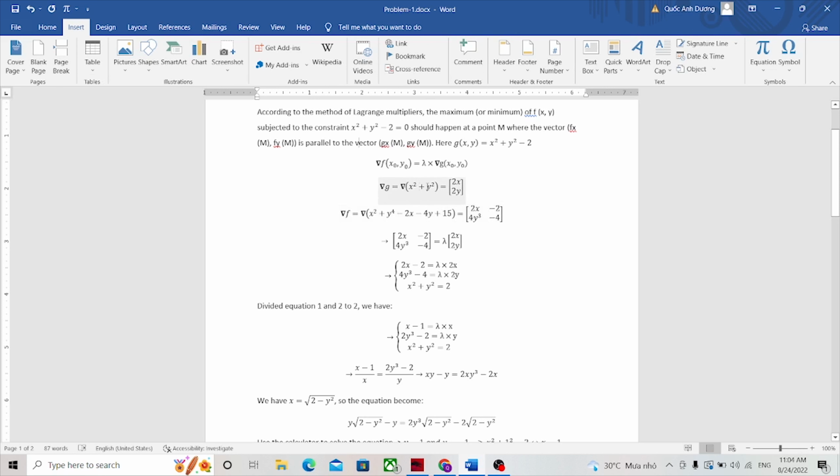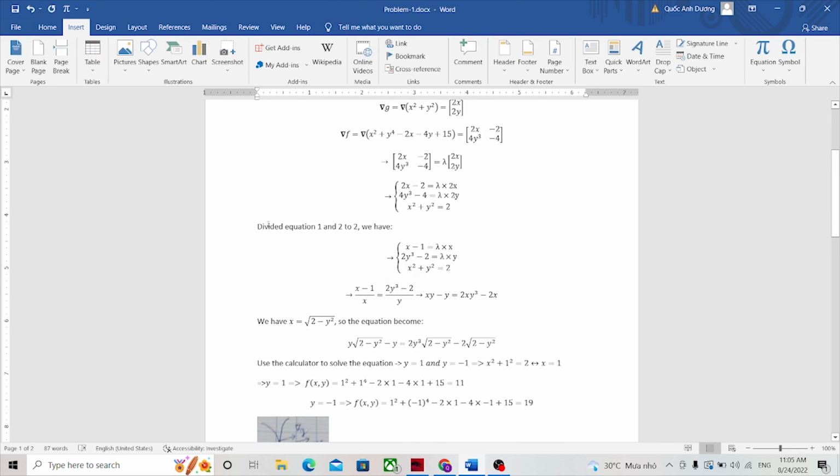These are the derivatives of g in x and y, and here we have the derivatives of f in x and y, and then we will have this equation, and from this equation we will divide it into two equations.